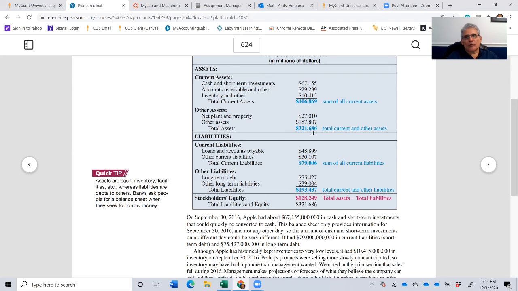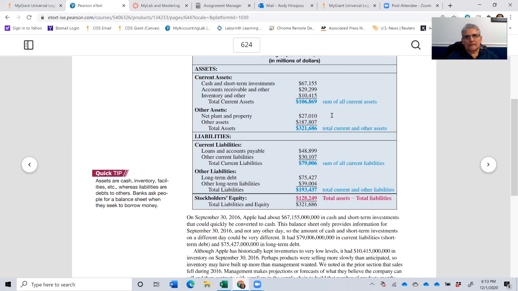Total assets 321,686, plug that in your calculator, minus total liabilities of 193,437 will give you 128,249. And now to confirm everything, we'll go ahead and add total liabilities plus total stockholders' equity, this plus this, and that'll give us 321,686.